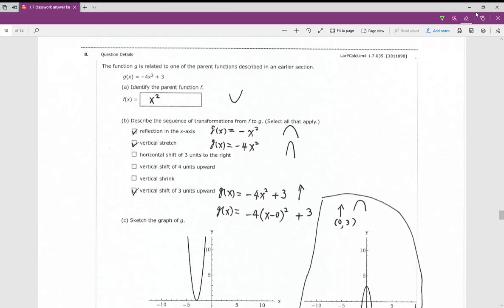Number 9. Obviously, the parent function will be y equals x squared. First, we take care of the negative. Negative sign means upside down. And then times 4. Times 4 means skinnier, right? Because you grow faster, in a negative way.